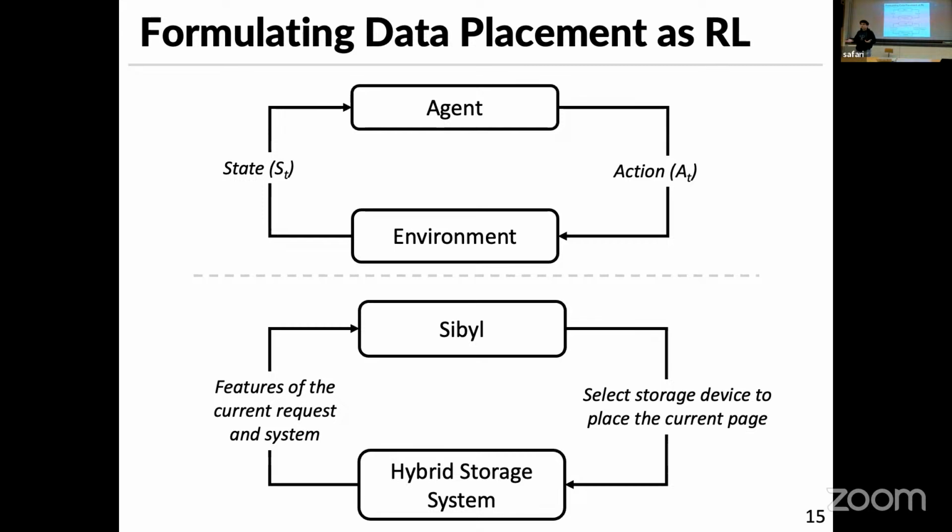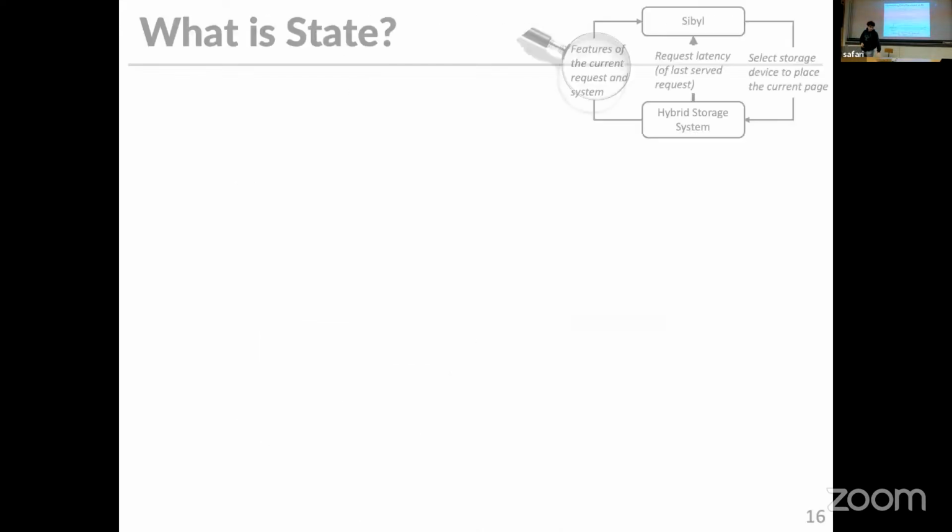If it's a write request, do you write to one storage device or the other? And if it's a read request, do you do a promotion or an eviction? But really the action will just be the storage device, and then promotion and eviction or whatever will be done automatically. And the reward is calculated based on the request latency.